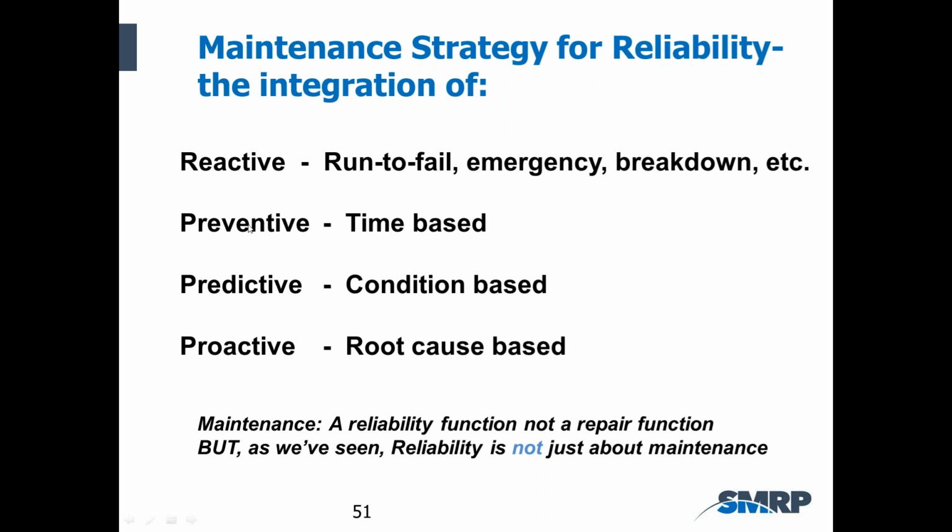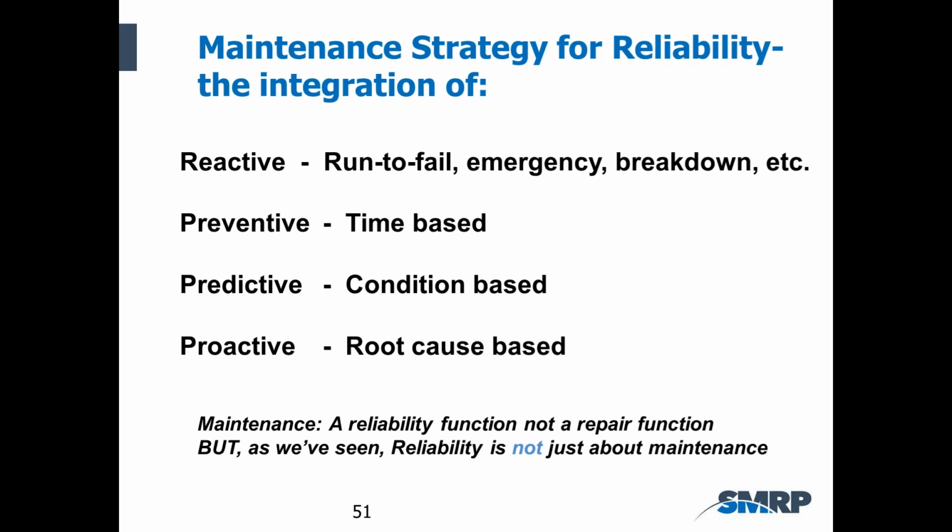So moving on, preventive is time-based, once a week, once a month, once a year. You do something. You lubricate, calibrate, overhaul. Predictive is condition-based. That is, you've got a comprehensive condition monitoring program where you detect problems early. You use that knowledge to plan and schedule and anticipate a requirement.